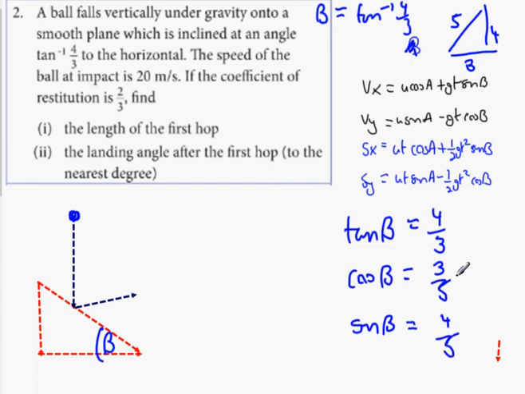Now, next thing we have to do: a ball falls vertically under gravity onto a smooth plane which is inclined at an angle. The speed of the ball after impact. How did you know it was done like that? How did I know I wasn't dropping it the other way? How did you know it wasn't going to the right as opposed to the left?